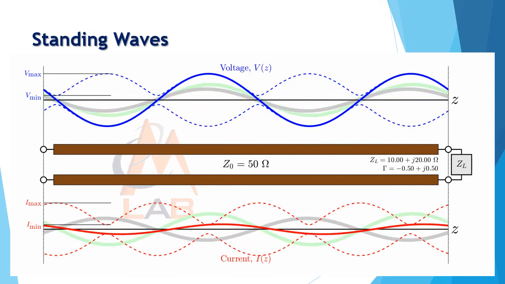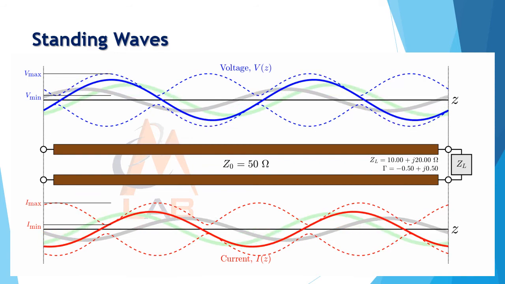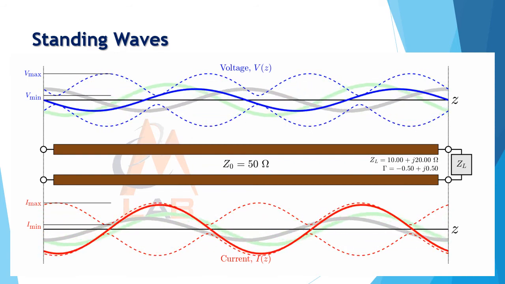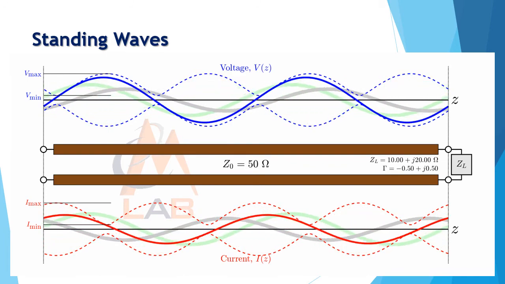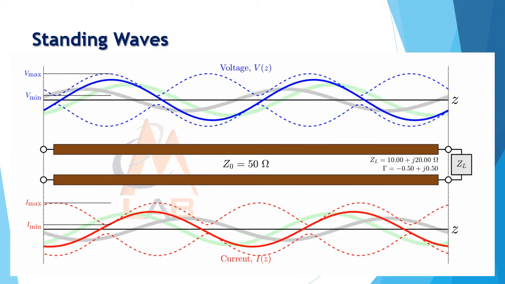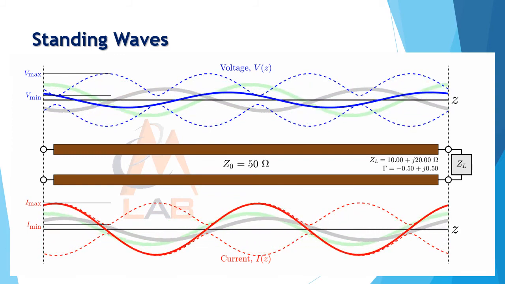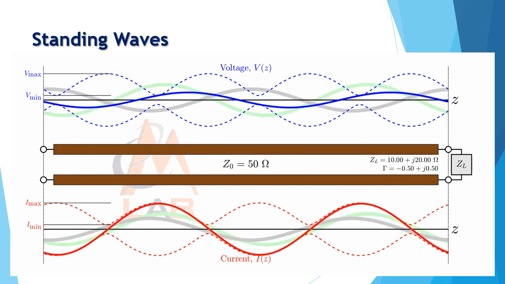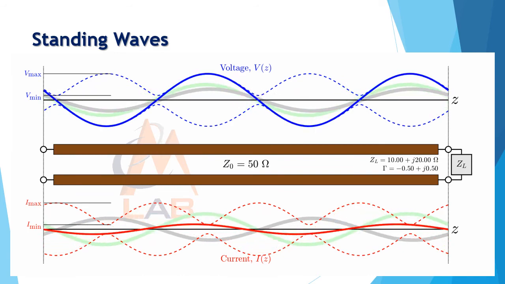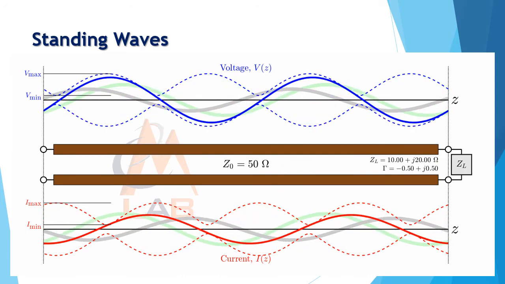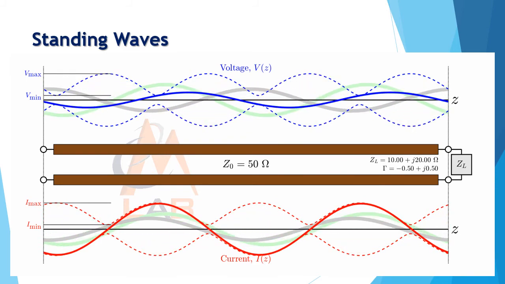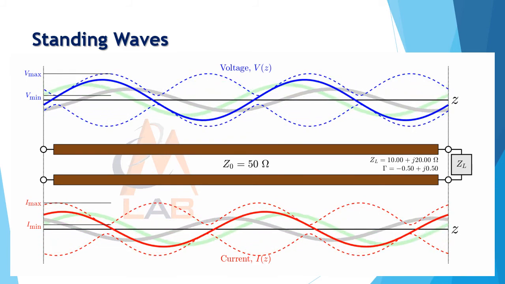Our characteristic impedance is still 50 ohms, so our reflection coefficient, remember the formula, Z sub L minus Z sub O divided by Z sub L plus Z sub O, is equal to -0.5 plus J 0.5. Since the load impedance is a complex value, it is expected that our coefficient of reflection is also a complex value.